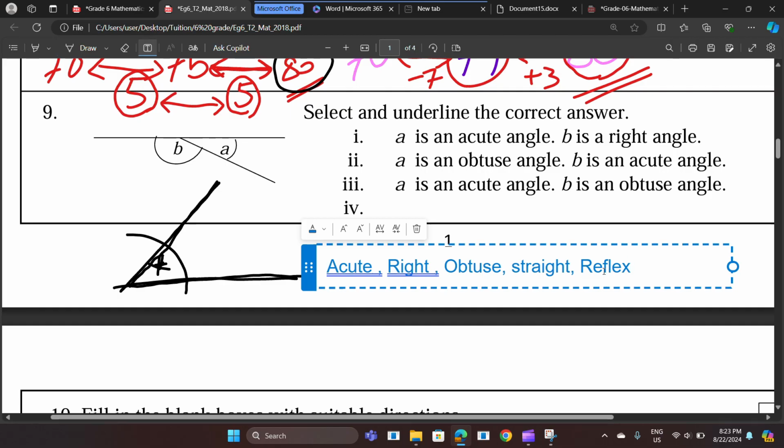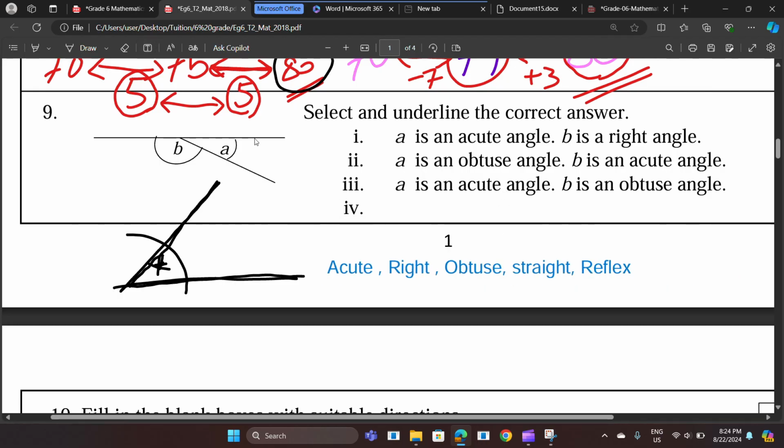In your exam, the paper will ask questions like this. The question says: select and underline the correct answer. A is an acute angle, B is a right angle. So we have to choose the correct sentence.